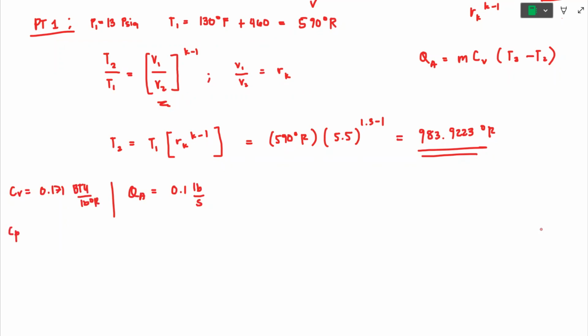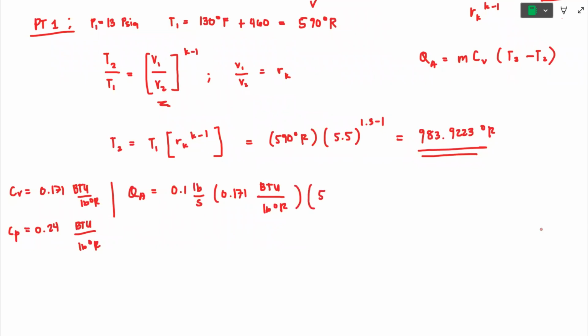Ang CP naman ng air, that is 0.24 BTU per pound degree Rankine. I-solve natin yan. So that is 0.171 BTU per pound degree Rankine.